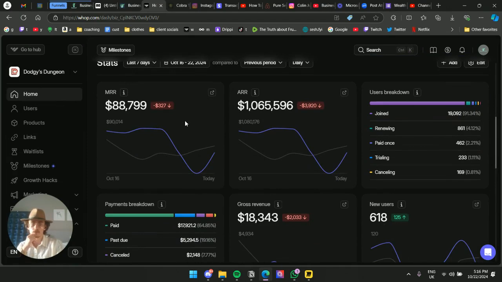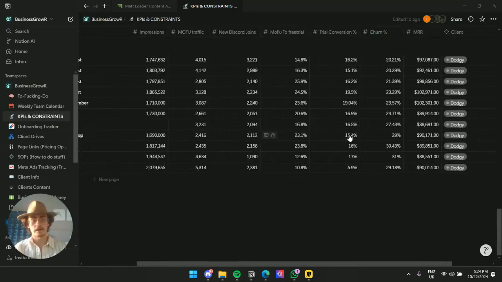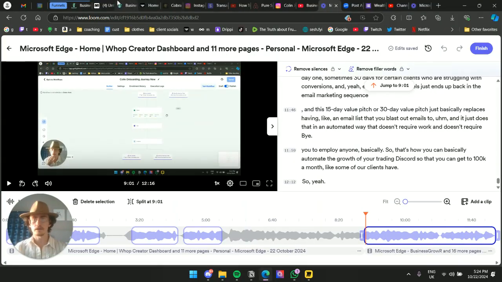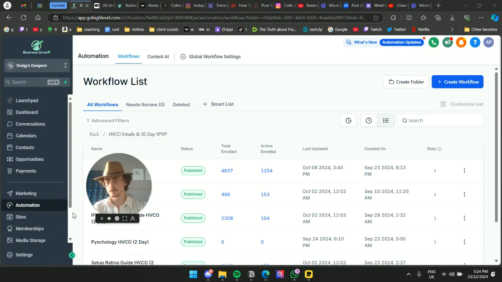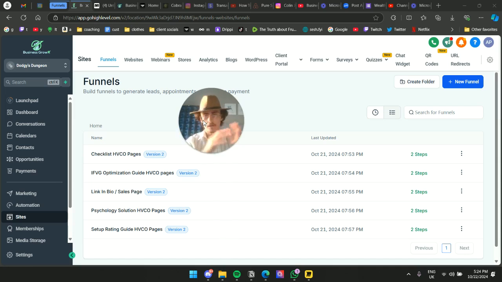All right, so with these email automations in place, I can boil down every single page view we get into how much money I'm going to make per page view. If I go into sites, I can get the stats on how many page views I need to collect an email, and then how many emails I need to collect to get a customer.